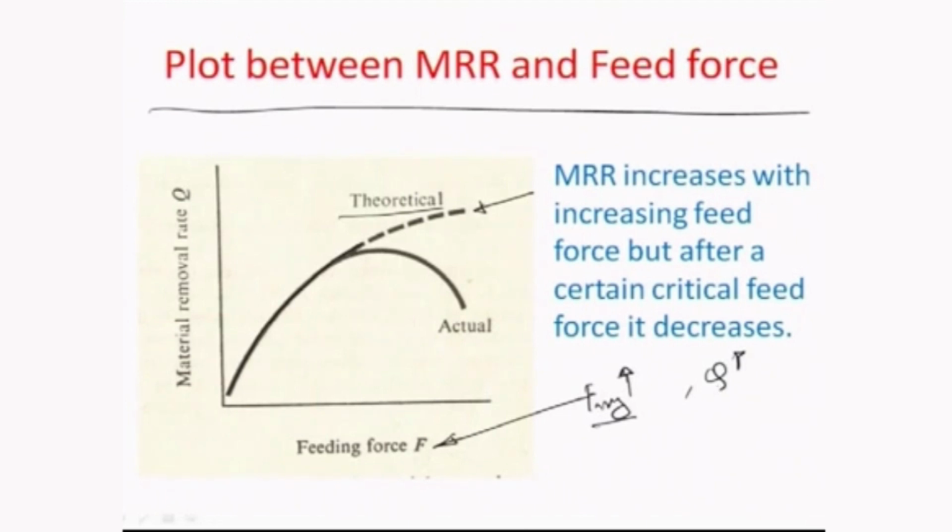But then what is interesting here is that above a certain limit of the F average force, there is a depreciation of the material removal rate, and the material removal rate comes down, okay, up to a certain critical feed force, and that happens because of a very important effect which practically almost always happens in these USM systems, which is also known as the grain crushing effect.